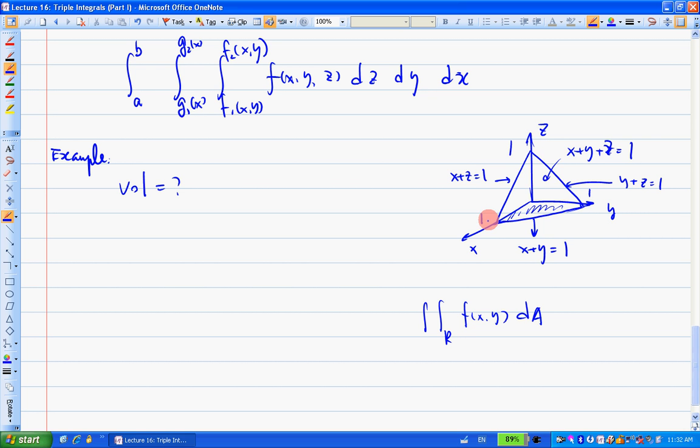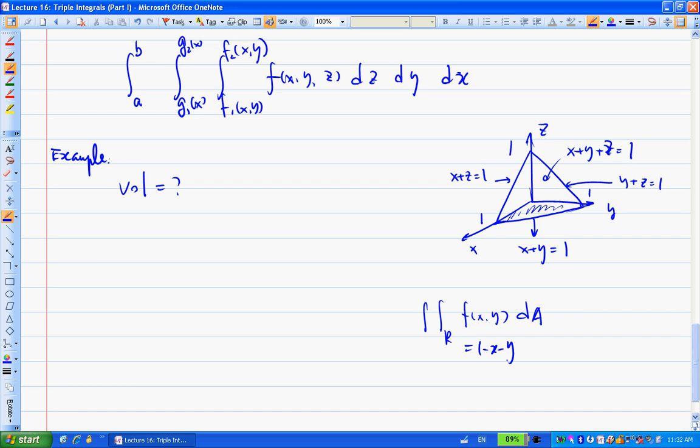If this is the region R I'm choosing here, what will be this function f? Exactly. That will be 1 minus x minus y. That's the top surface.